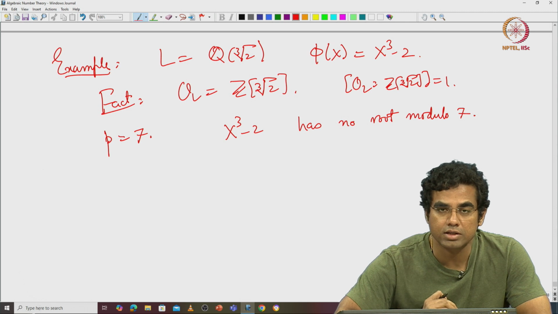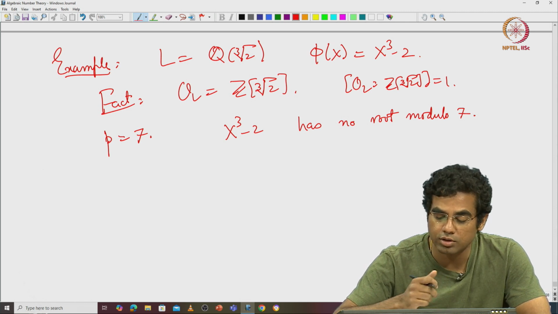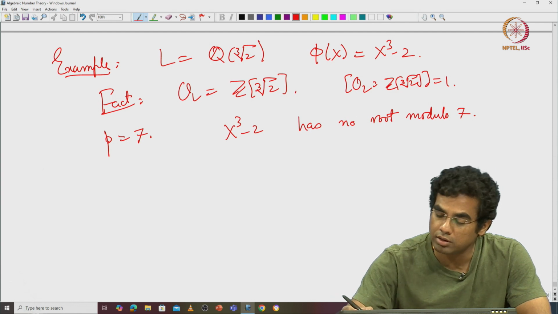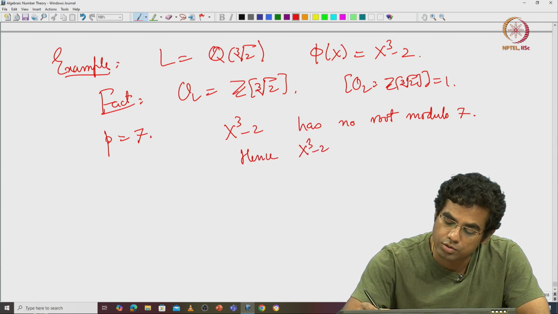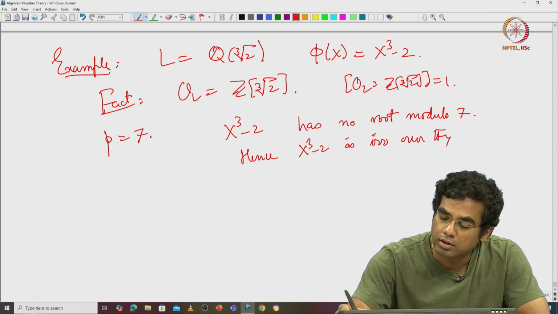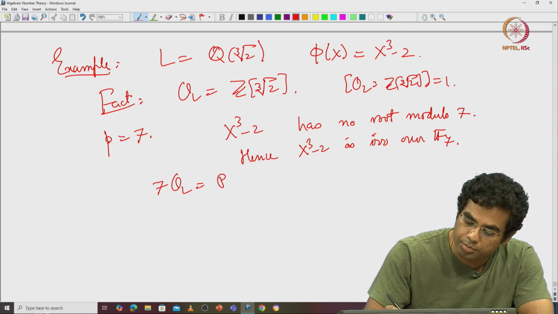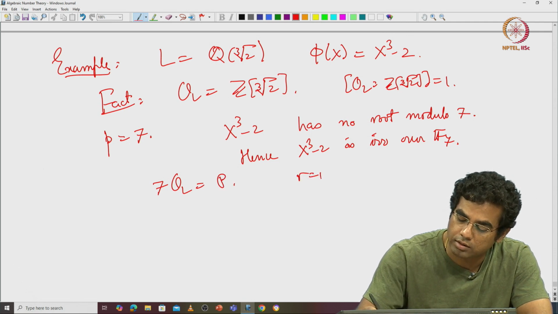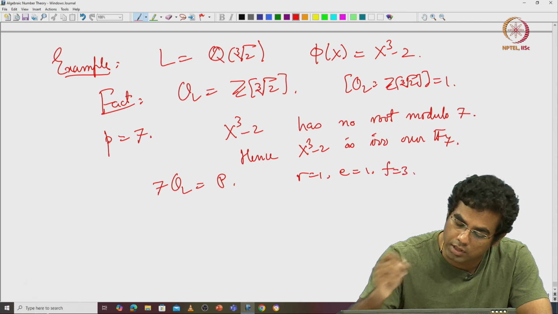X to the 6 is 1, and so the only roots would be plus 1 and minus 1. So, there is no root, hence x cubed minus 2 is irreducible over F_7, and so we get 7 O_L is P. So, r is 1, e is 1 and f is equal to 3.